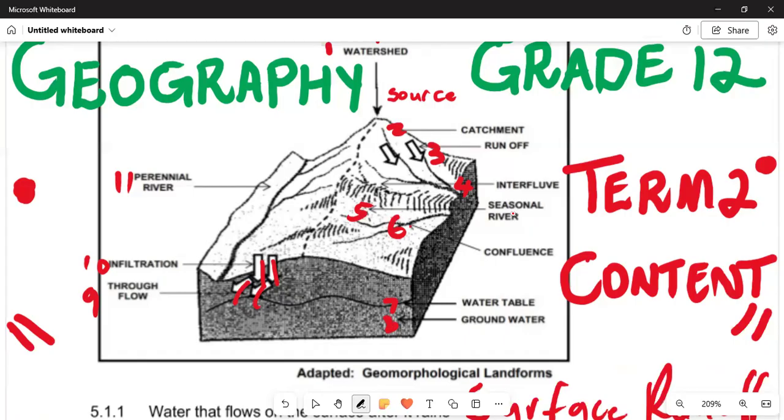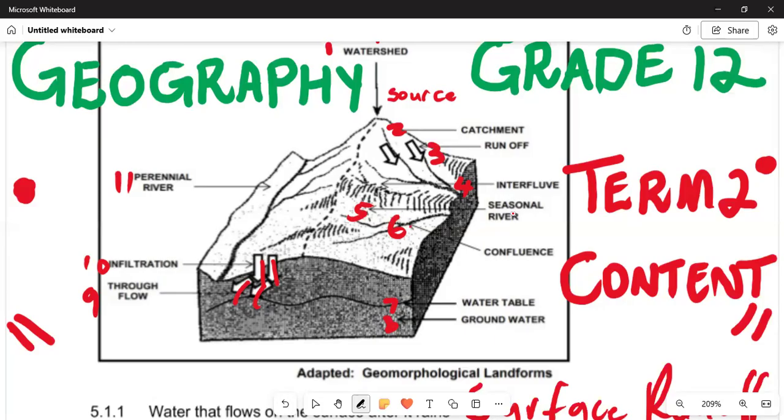Groundwater, we are saying, is due to the porous particles of landscapes that are created. Therefore, we are saying water that cannot run off would go underground.